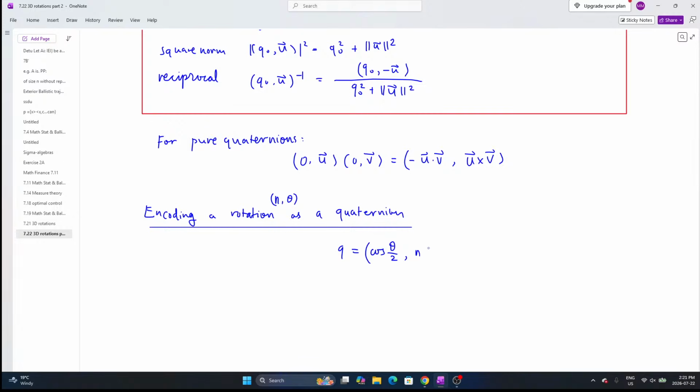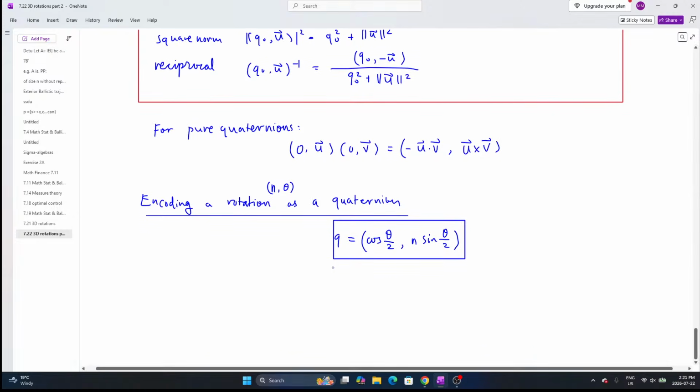And n times the sine of half theta is the vector part. So this is what encodes rotation. Okay, so how on earth does this even work?